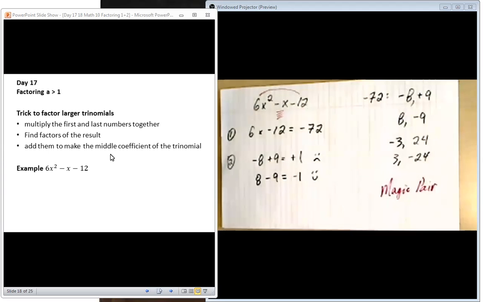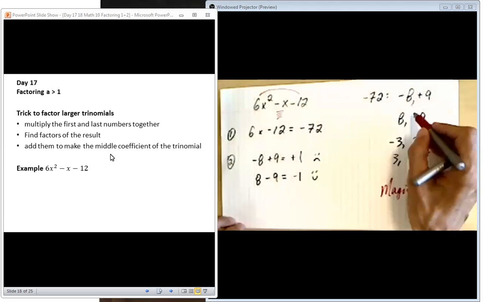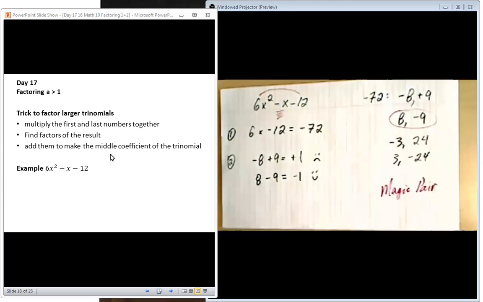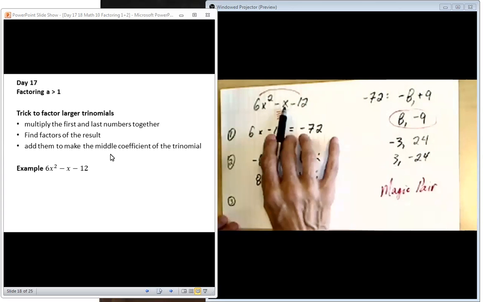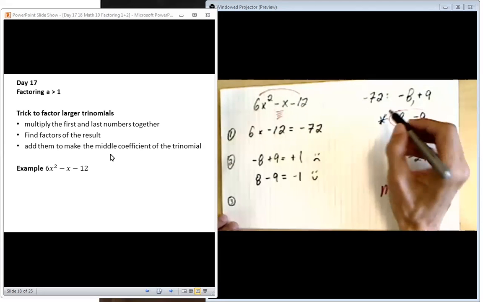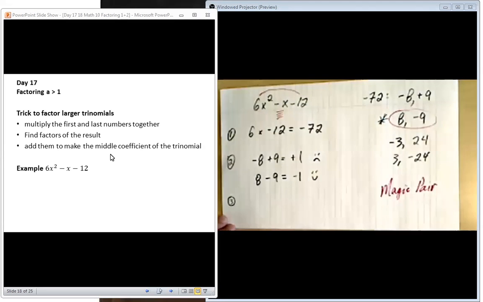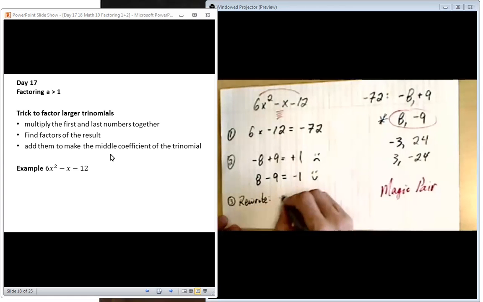Now then, this is called the magic pair, right? 8 and the minus 9. Here's what we do. We rewrite this question using those numbers instead. So we got 6x squared plus 8x, see?